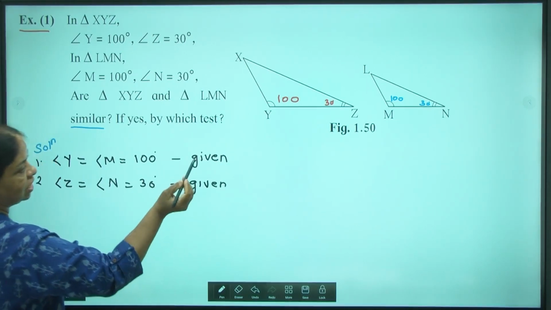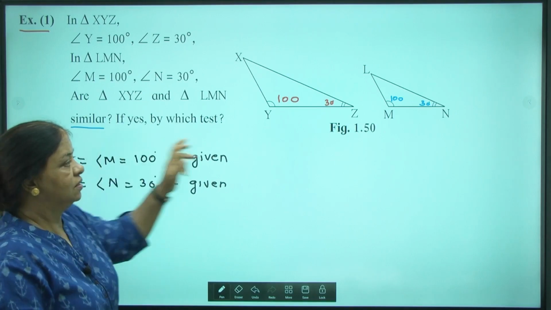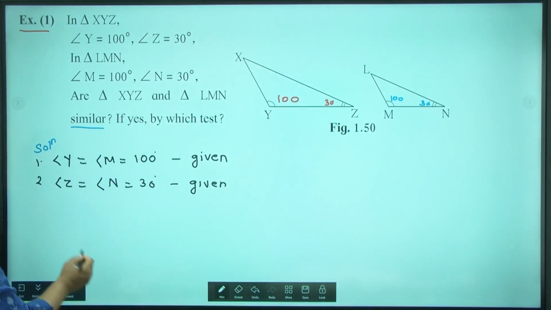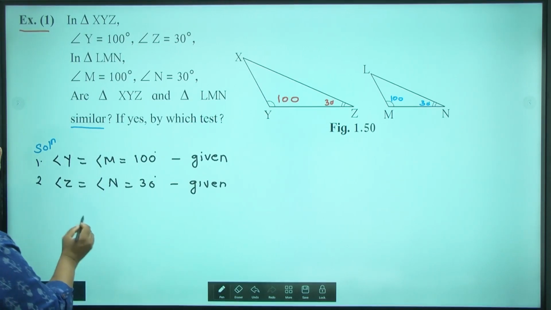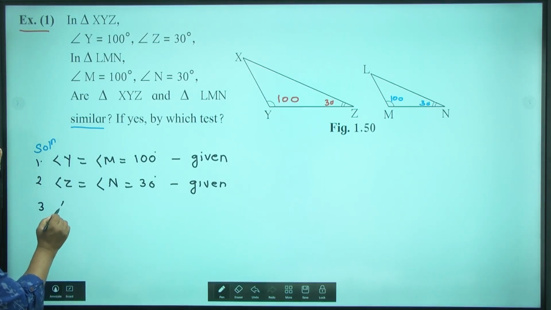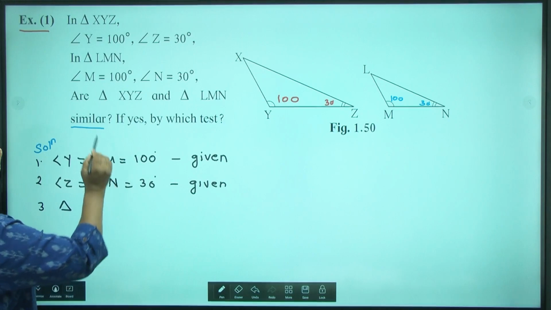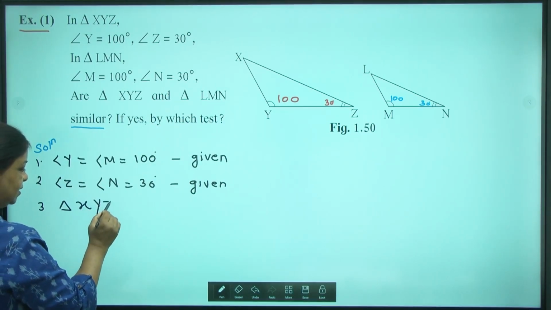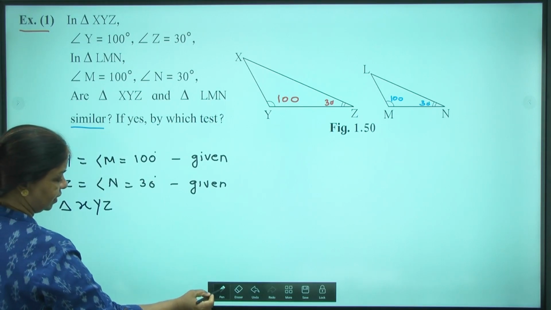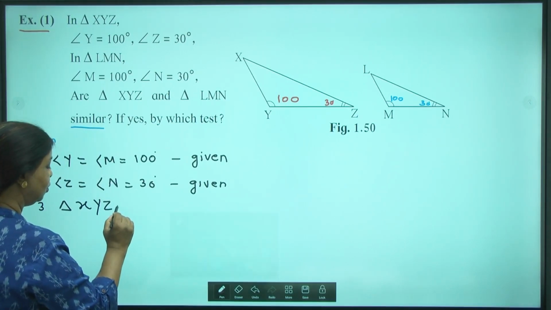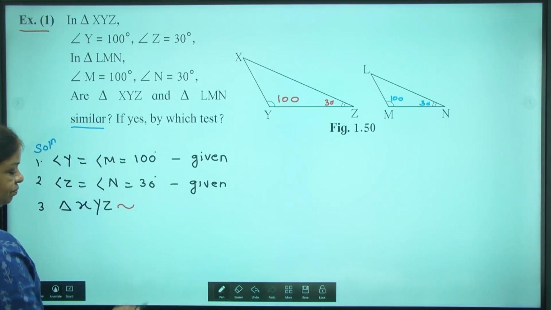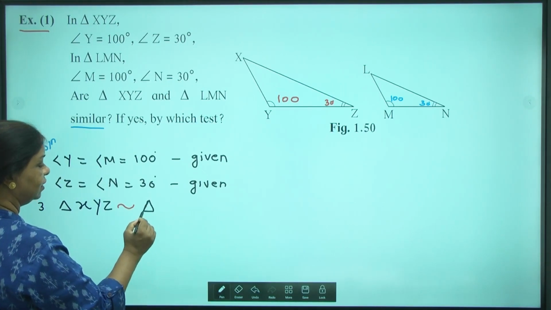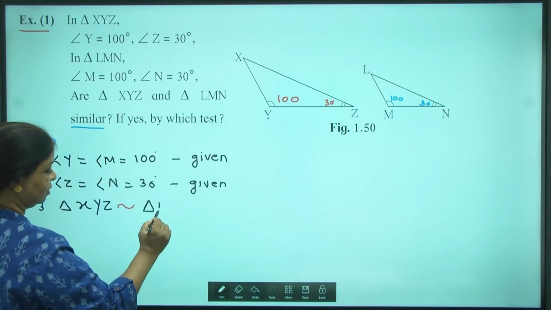If two angles are equal in triangles, then those triangles will be similar. So we can say, third point, triangle XYZ is similar to triangle LMN. This is the sign of similar.